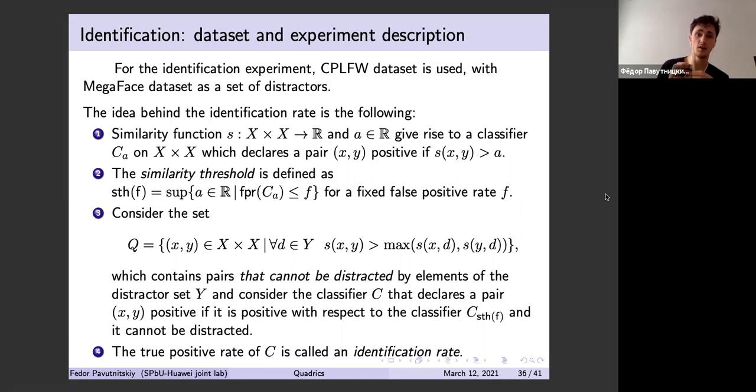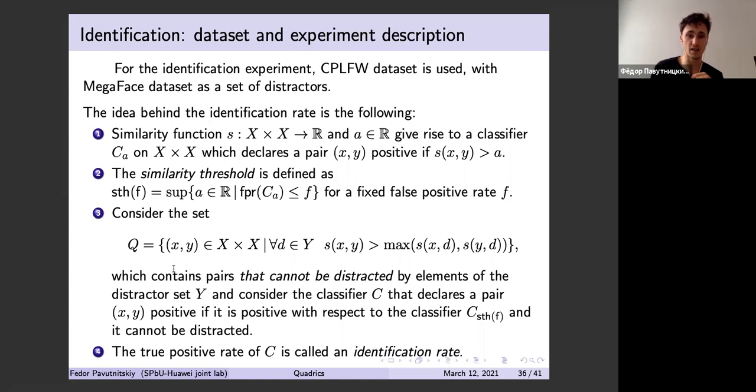But that's not all. We also use what is called a set of distractors. You take another data set which has different identities. And you say that your pair is accepted if the two elements of the pair are so similar that the similarity is bigger than the similarity to all of the distractors.